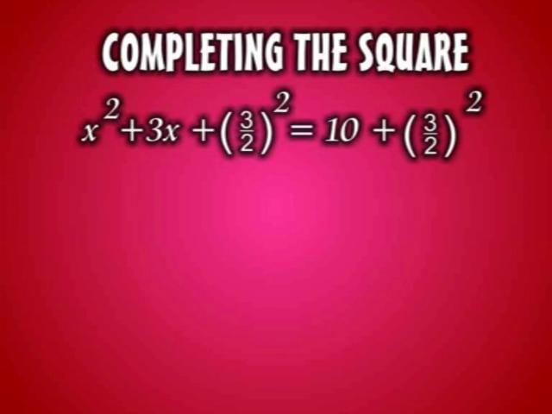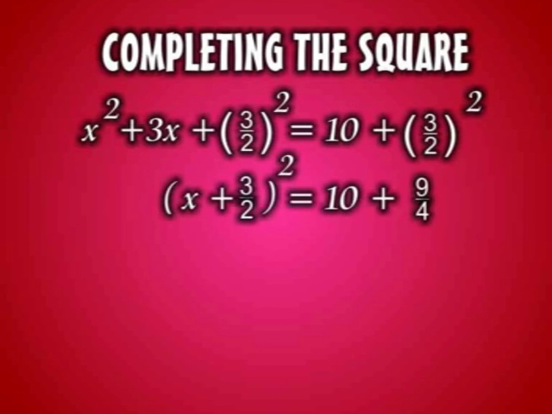To the left hand side, I'm going to factorize that. That is going to become x plus 3 over 2, all in brackets, squared. Now on the left hand side, I don't need to take that 3 over 2 squared and multiply it out or square it.